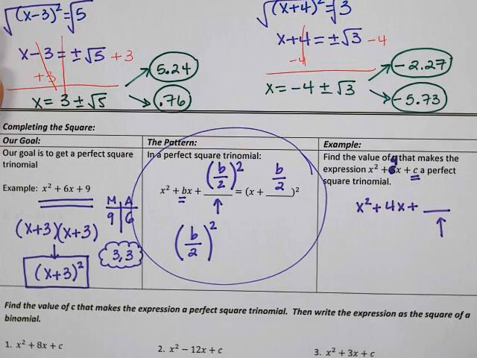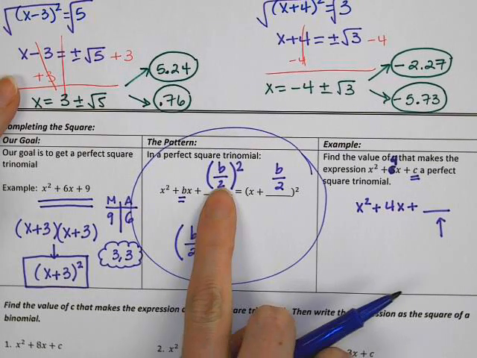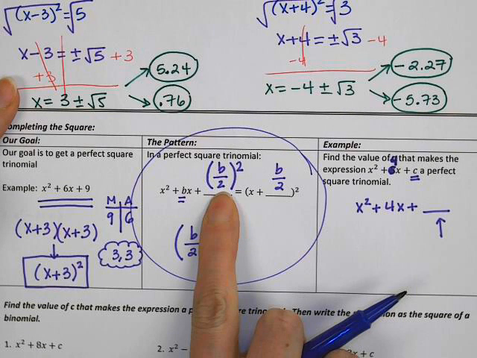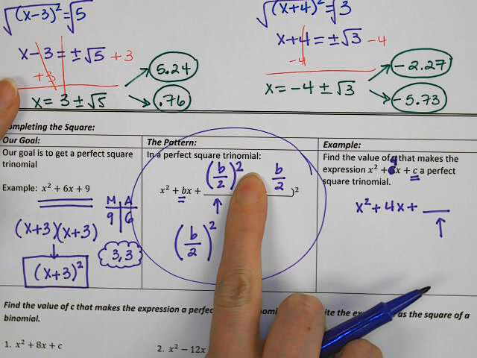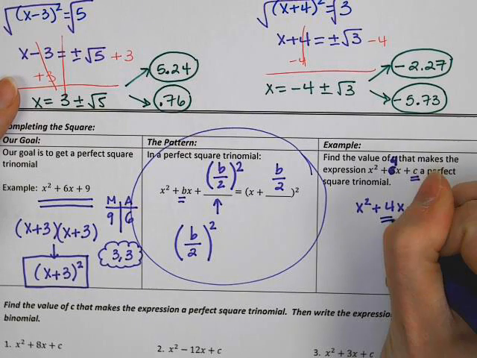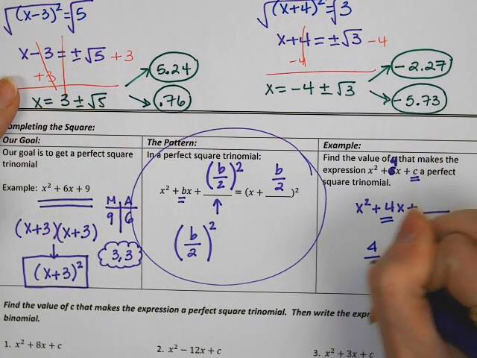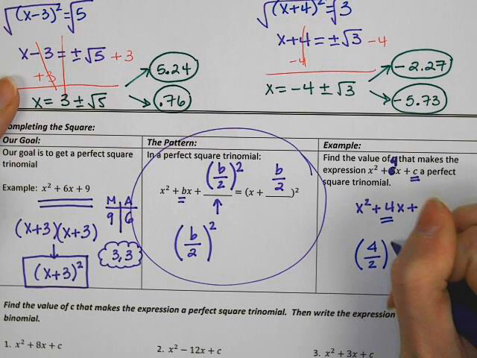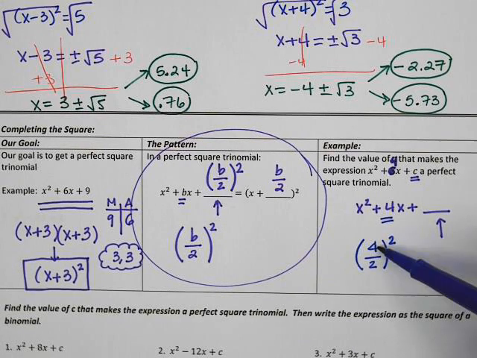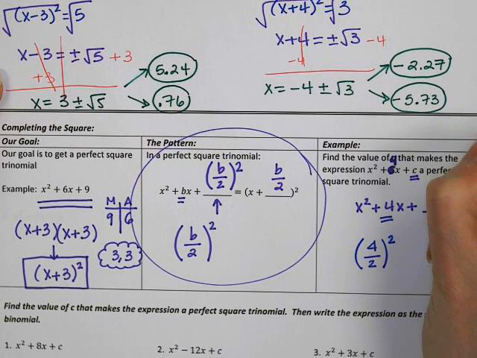Find that number that would make it a perfect square trinomial. What did we say? To find that number, you take b divided by 2, squared. In this case, b is 4, so we take 4 divided by 2, squared. 4 divided by 2 is 2, and 2 squared is 4. So the answer is 4.